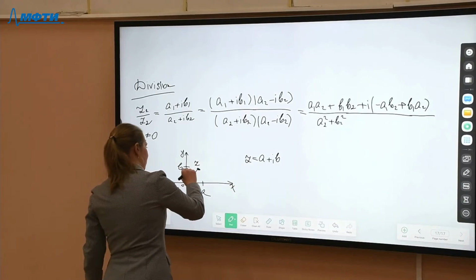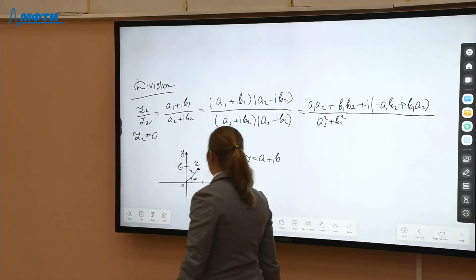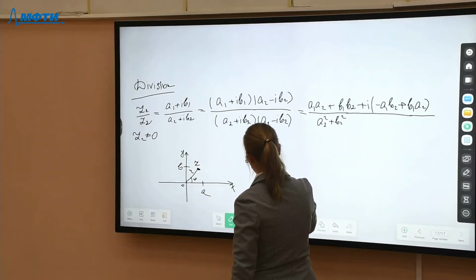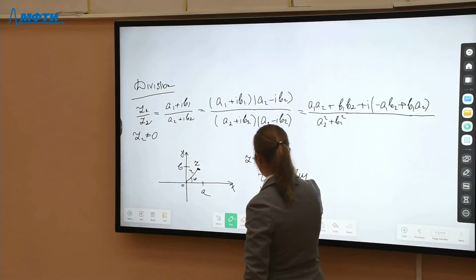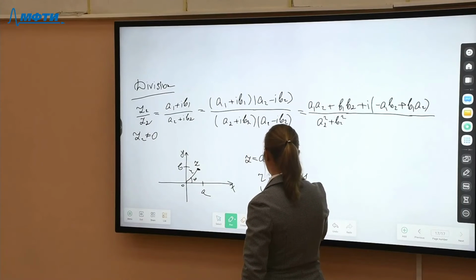So this is r, the so-called modulus of our complex number, and phi is the so-called argument.